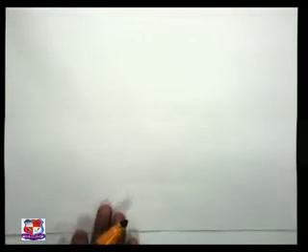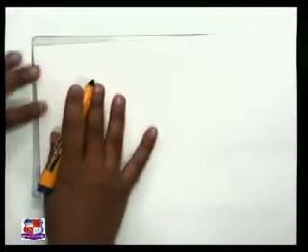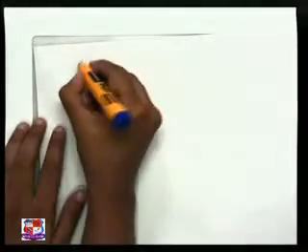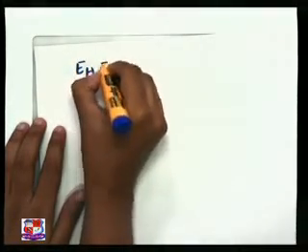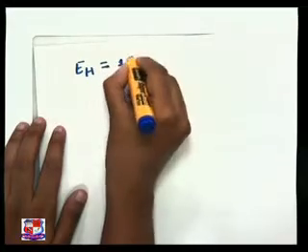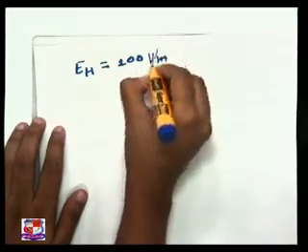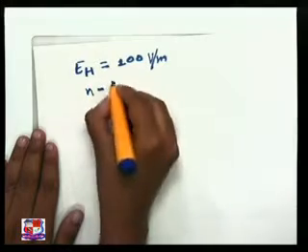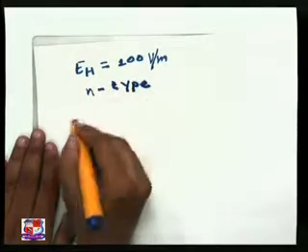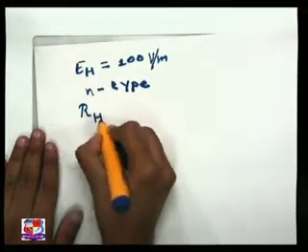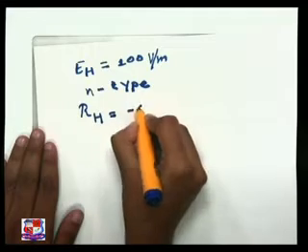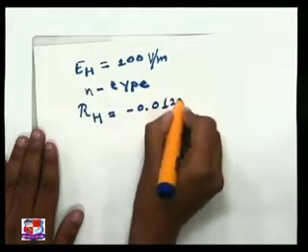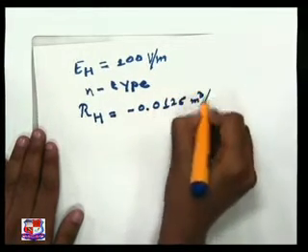We can have the last example for this chapter, and again we are given the electric field EH, that is the Hall field. It is 100 watt per meter in a sample of n-type semiconductor whose Hall coefficient RH is minus 0.0125 meter cube per coulomb, right.